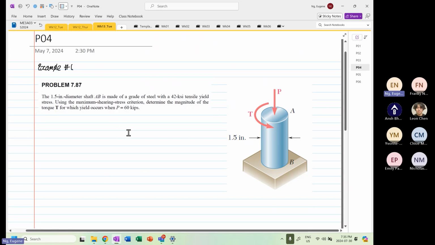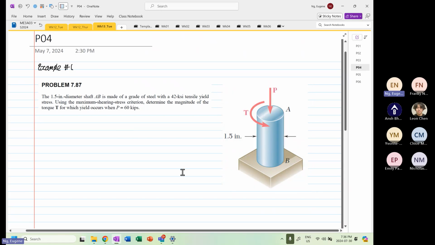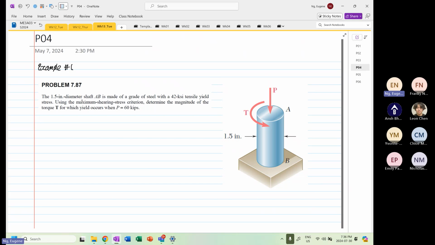The 1.5-inch diameter shaft AB, you can see over here, is made of steel with a 42 ksi tensile yield strength. So they give us a tensile yield strength. We're going to do both.